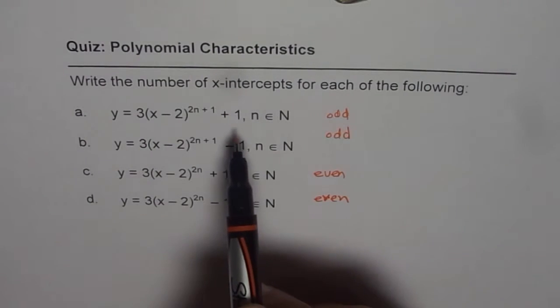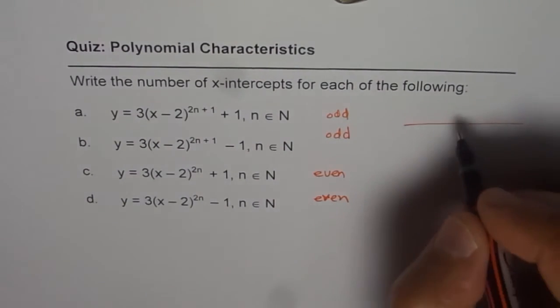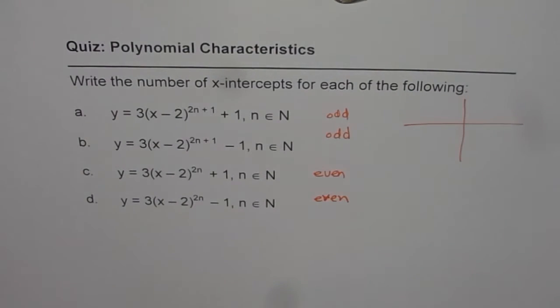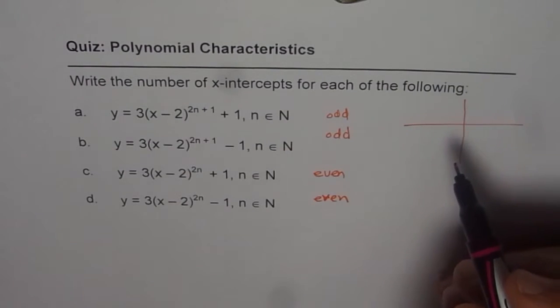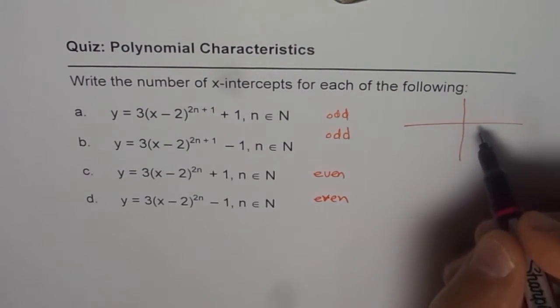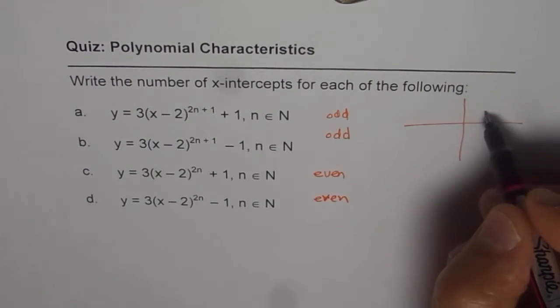So now, since that is very clear to us, let us try to sketch a general odd degree polynomial and see what really happens. Now x minus 2 means moving 2 units to the right, and plus 1 is 1 unit up.